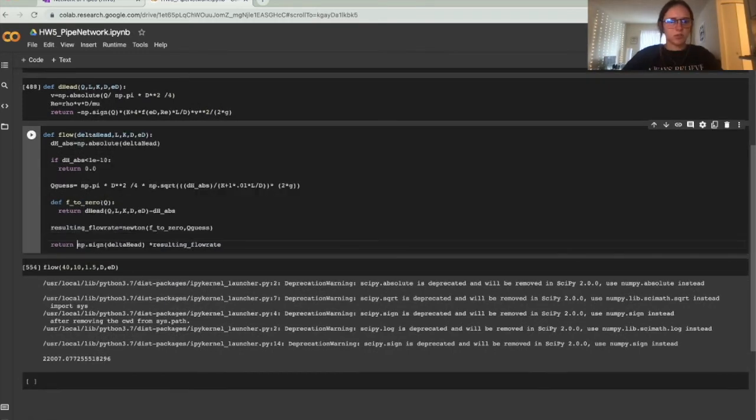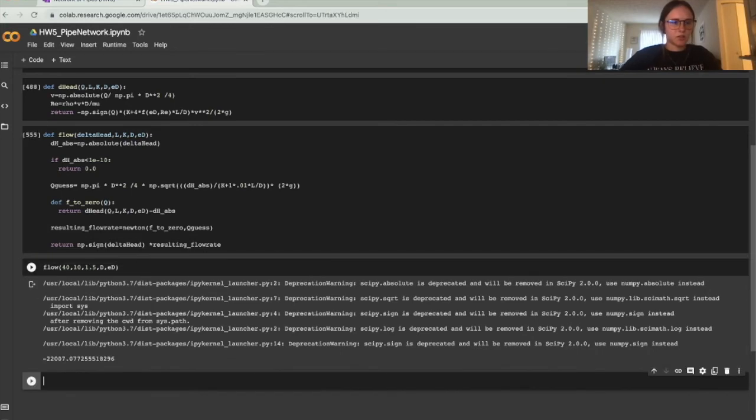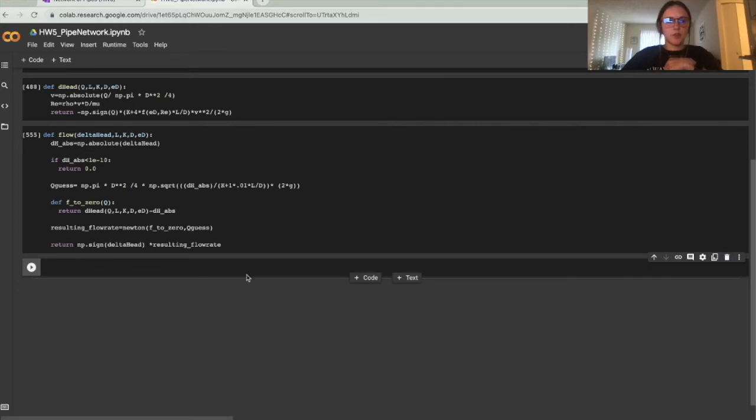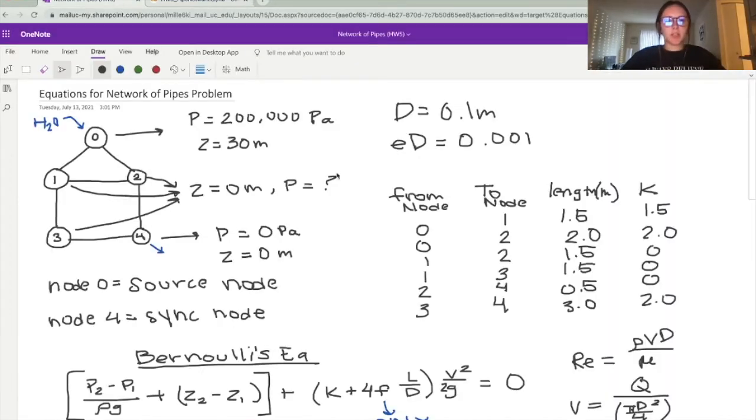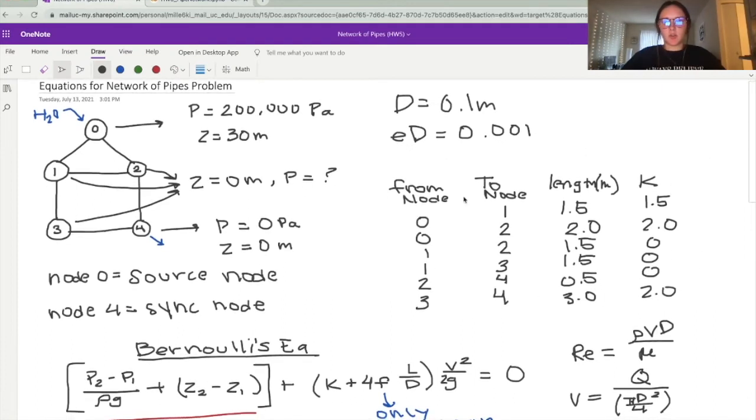I think I don't need that. So yeah, now we're still getting the positive D head giving us a negative, so we're good there. And so now that we have that, we can move on to putting in this array that we saw before.